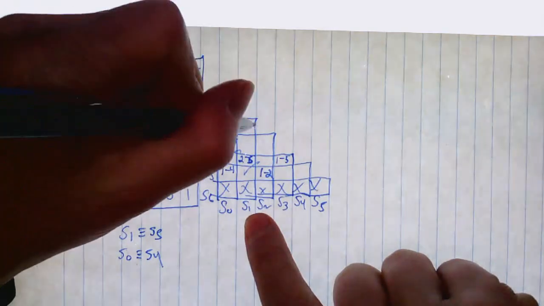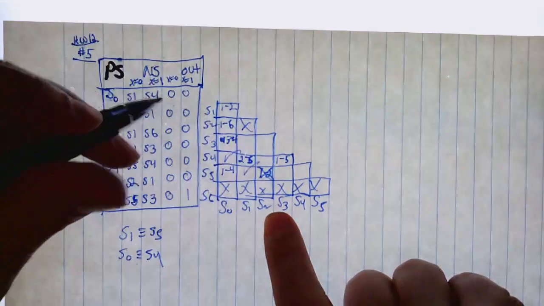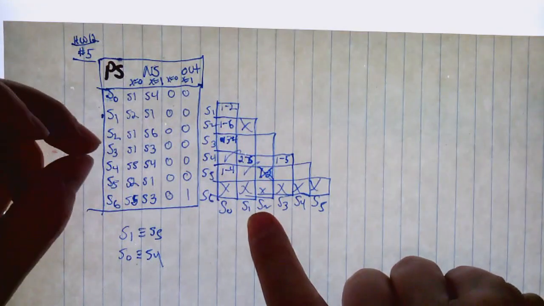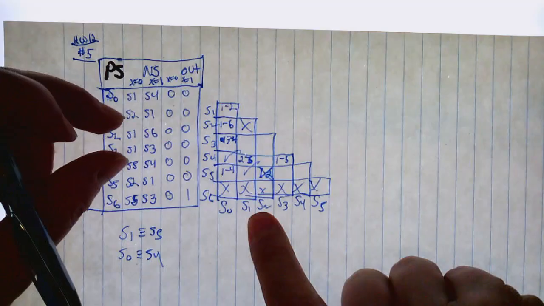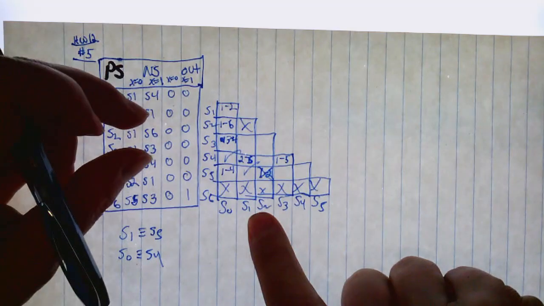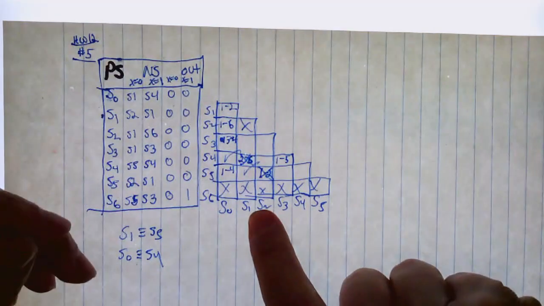Therefore, 1 is not equal to 2, which means 2 is not equal to 5, which means S1 cannot be equal to S4, because that depends on S2 and S5, and S2 and S5 we know are out, so therefore this is out.